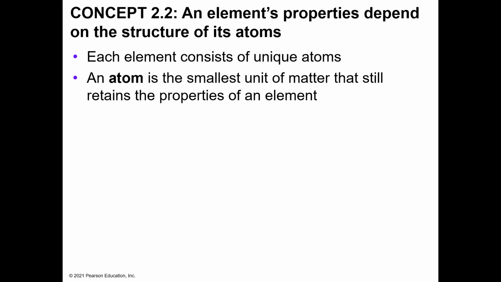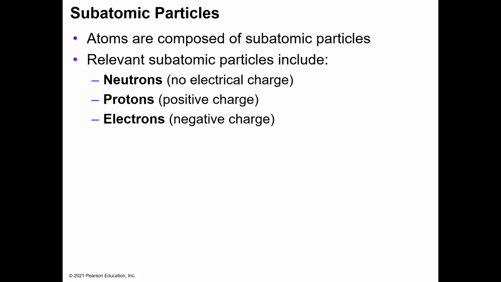The second concept we're going to cover here is that an element's properties depend on the structure of its atoms. Each element consists of unique atoms. An atom is the smallest unit of matter that still retains the properties of an element. Atoms are composed of subatomic particles.